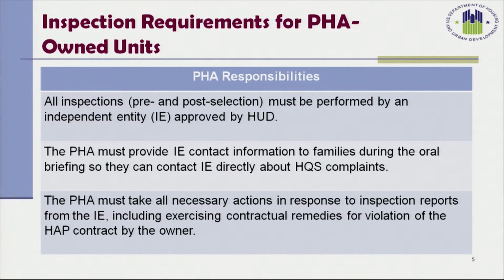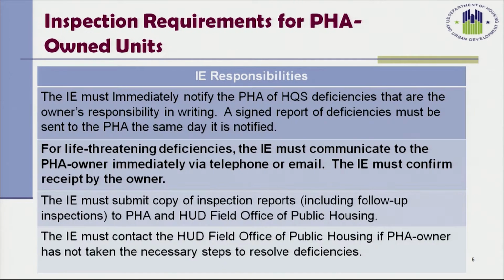The PHA must take all necessary actions in response to inspection reports from the IE, including exercising contractual remedies for violation of the HAP contract by the owner. Again, this is about PHA-owned units.